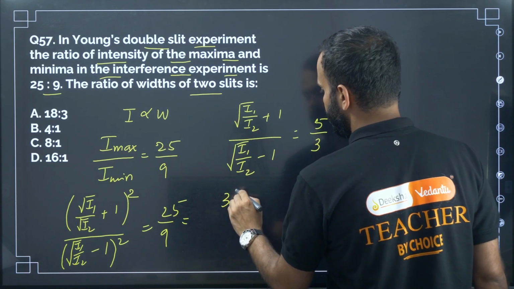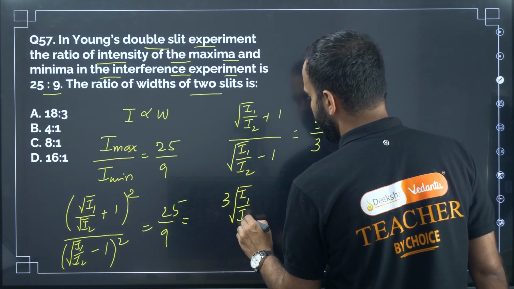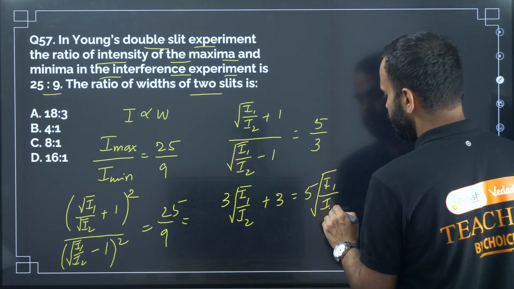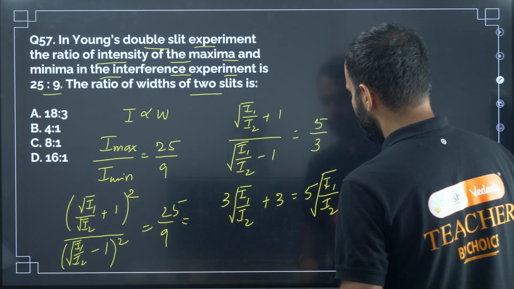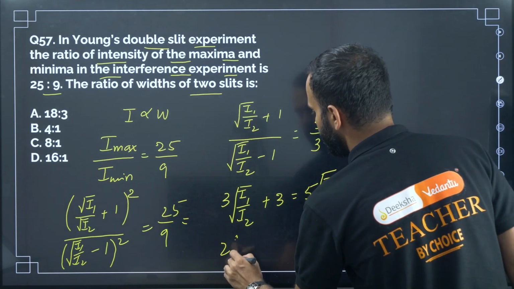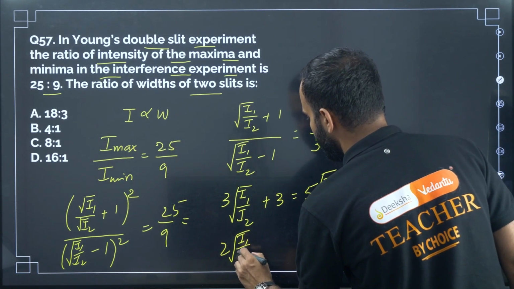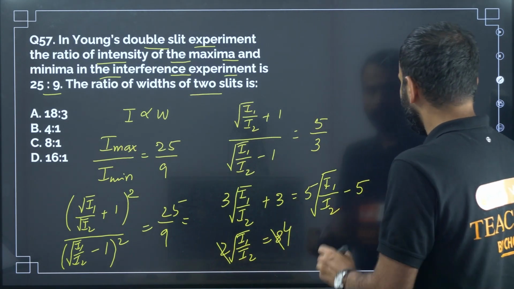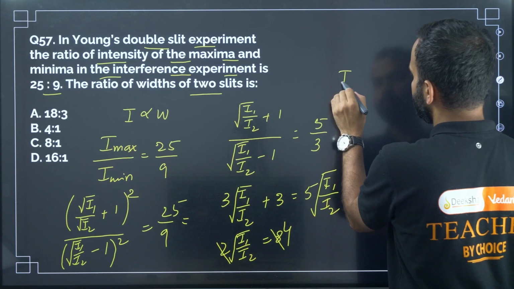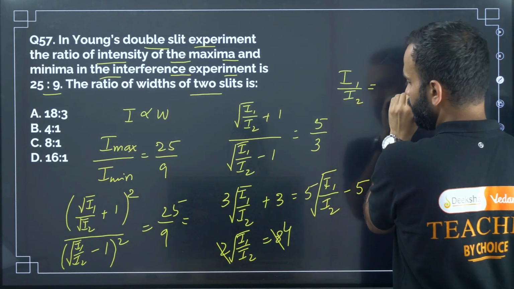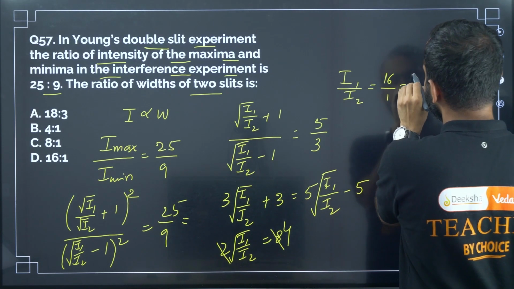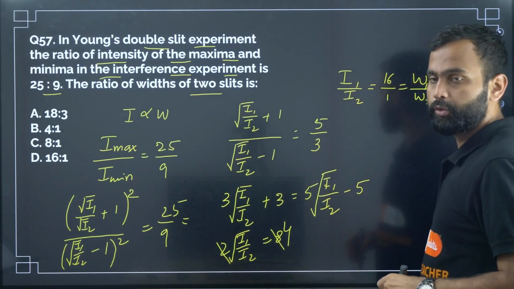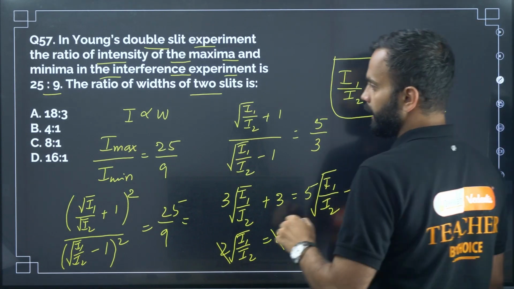Now 3 into root of I1 by I2 plus 3 is equal to 5 into root of I1 by I2 minus 5. Now 2 into root of I1 by I2 is equal to 8. So 2 fours are 8. Finally, the ratio I1 divided by I2 is equal to 16 divided by 1, which is equal to W1 by W2. This is the ratio of the widths of the two slits, 16 is to 1. The correct option is D.